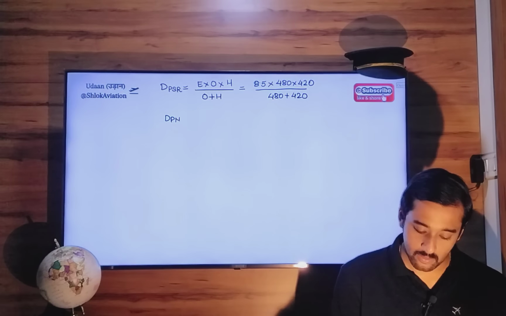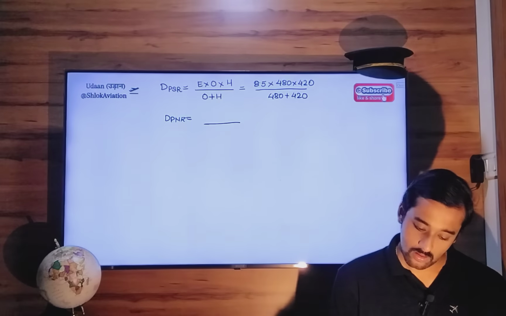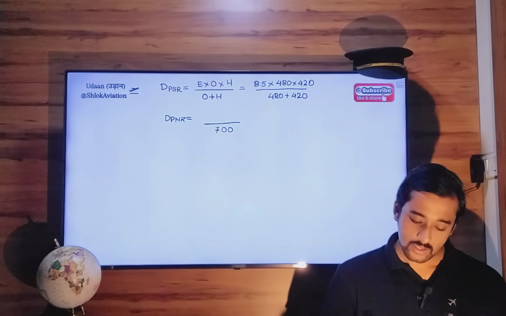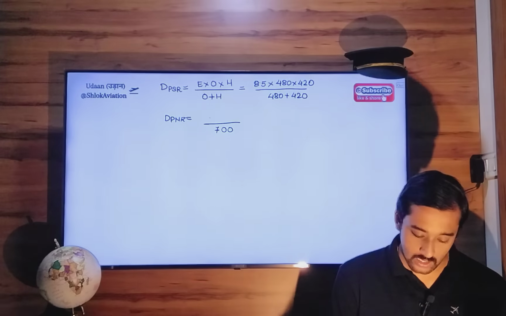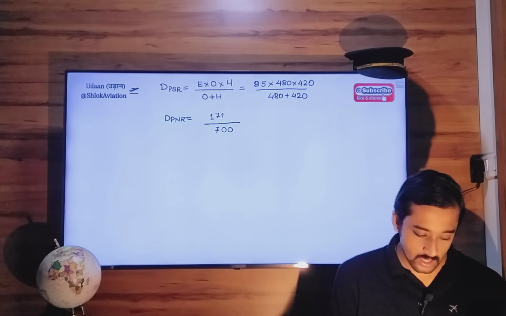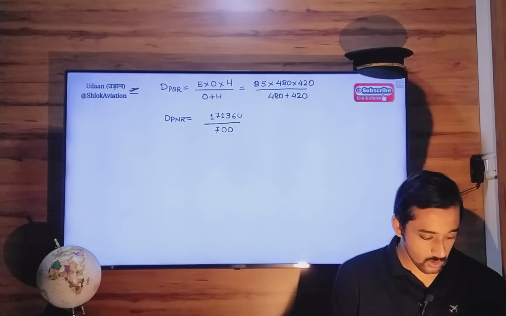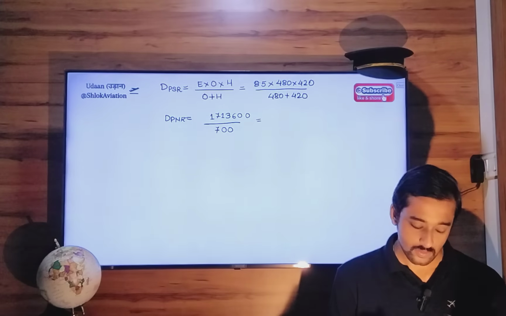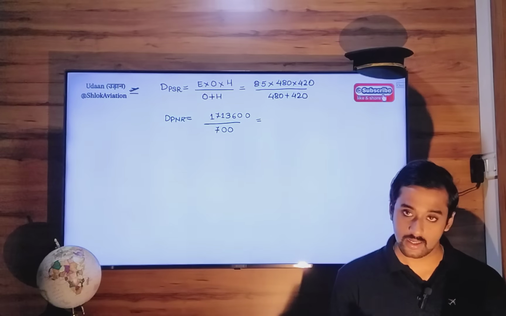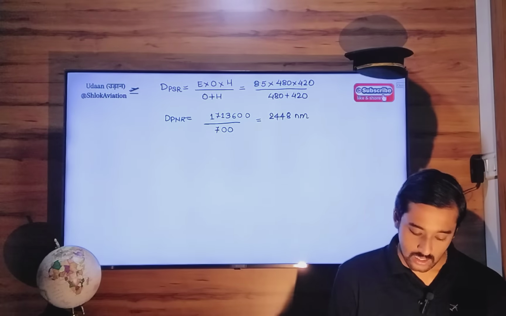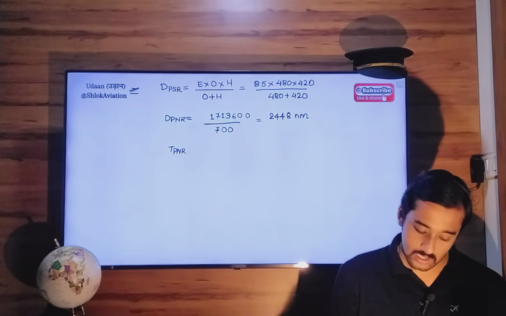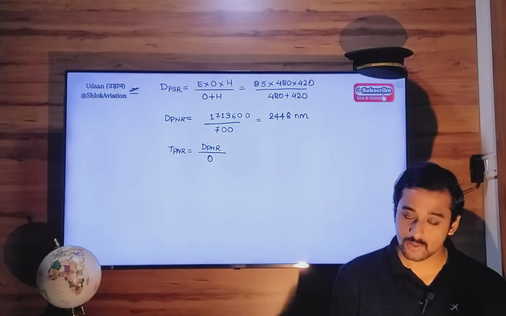Distance to PNR will be, so 480 into 420 into 8.5 is 1713,600 divided by 700 is 2448 nautical mile. Time to PNR is distance to PNR divided by outbound ground speed.